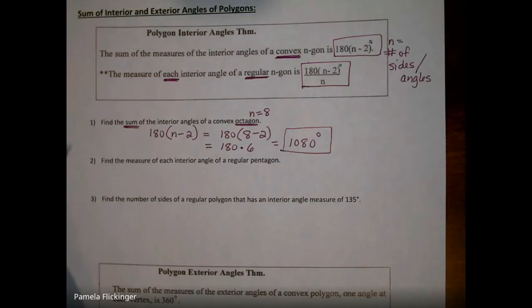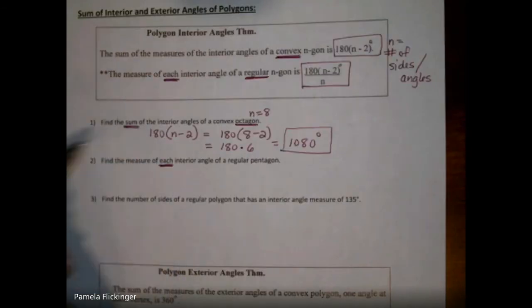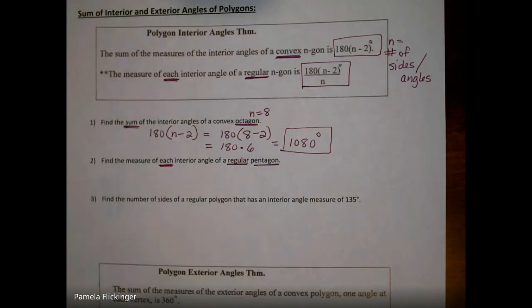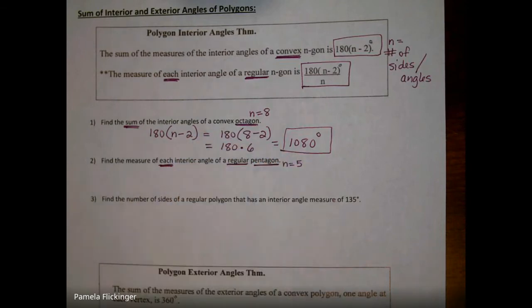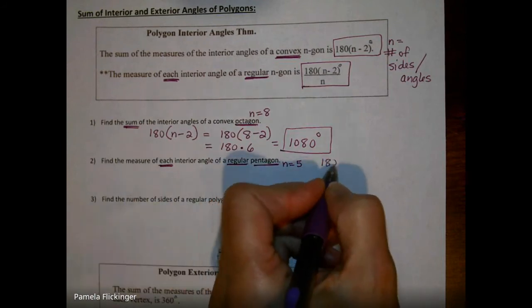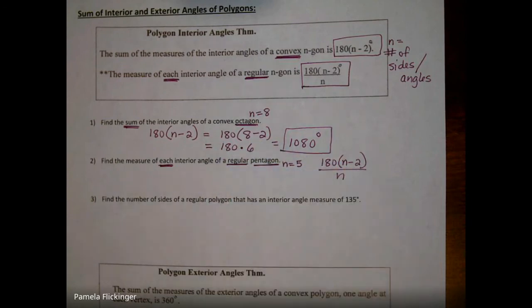Now, number 2 says find the measure of each interior angle of a regular, which it needs to be, pentagon. So for a pentagon, n is 5. If I want each interior angle, I'm going to take my sum formula, 180 times n minus 2, and divide it by n. That's the formula that we're using.